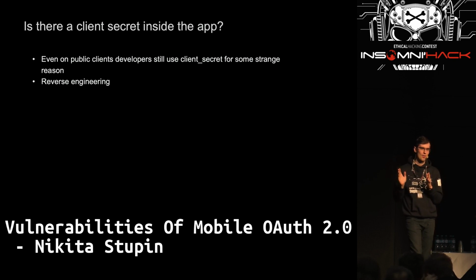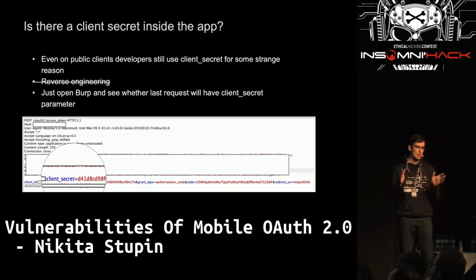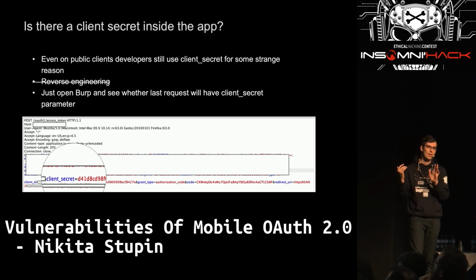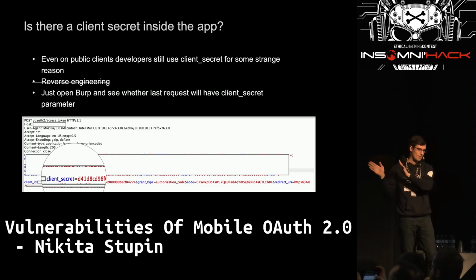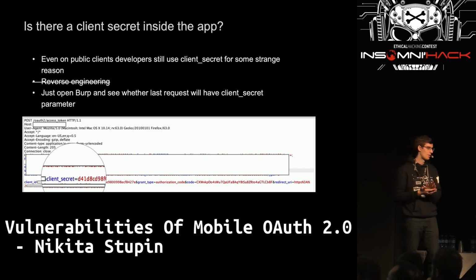You can check whether a client secret is hard-coded by reversing the app, but I suggest a little bit easier approach. Just open Burp, see the last request when authorization code is exchanged for access token, and 99% of the time, if client secret is hard-coded into the app, it will be in this request. So you can do both ways: reverse engineer, or just see the request and see the client secret.